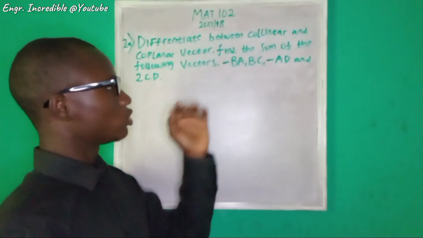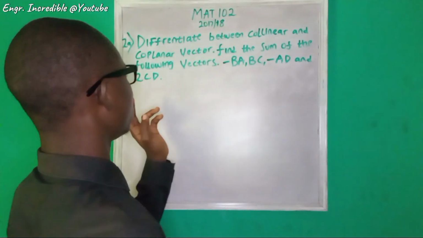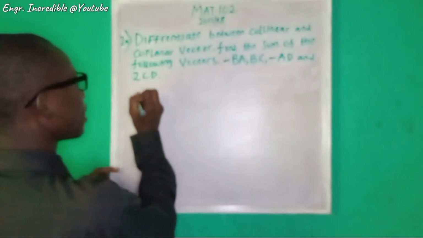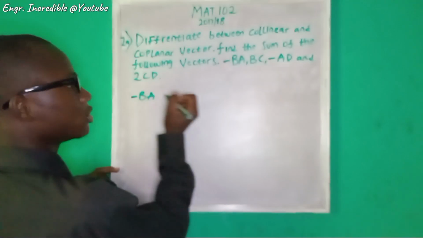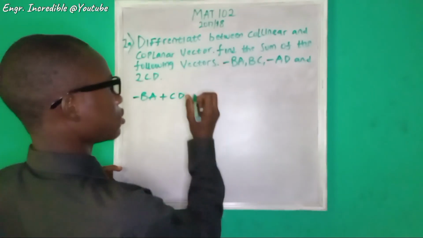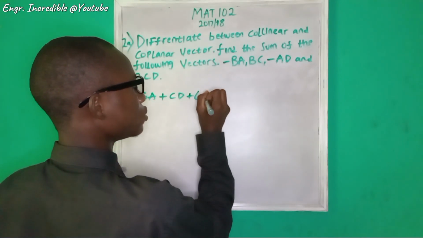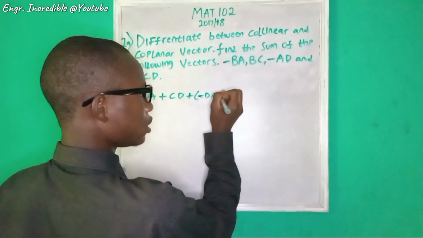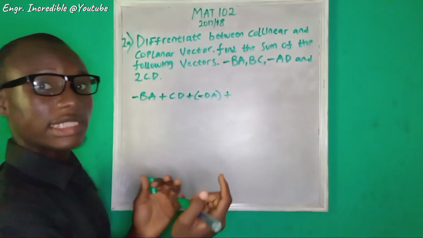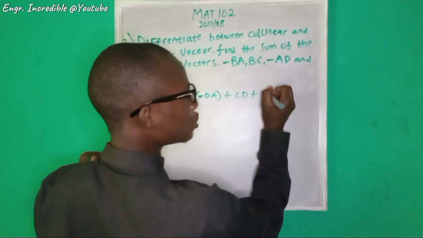Now moving to the calculation, find the sum of minus BA, BC, minus AD and 2CD. Since we are adding up, we have minus BA, then plus BC, then plus minus AD, then plus 2CD. Now 2CD can also be written as CD plus CD.